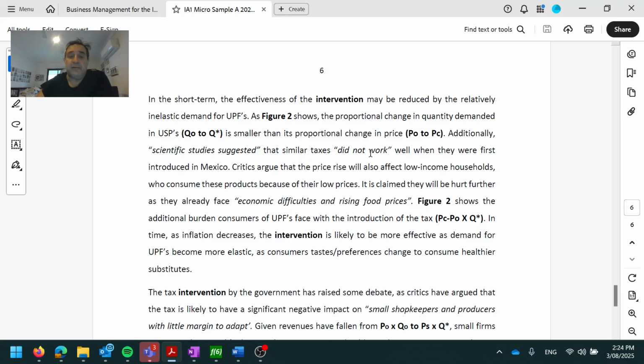Good use of quotes, so contextualising the evaluation, it's all backed up by saying here that, even though we're looking at another country, when Mexico introduced a similar tax, it initially didn't work well, so that corresponds to the discussion the student is having around elasticity, which is nice to see.